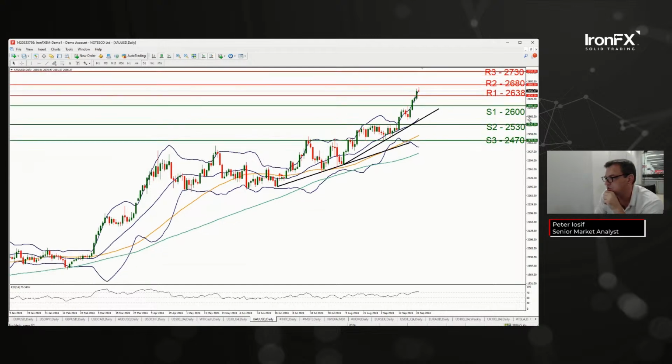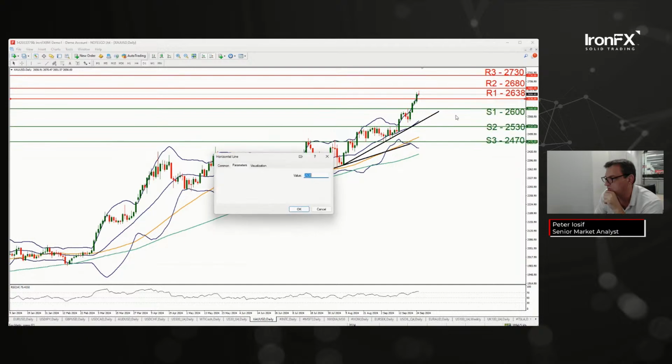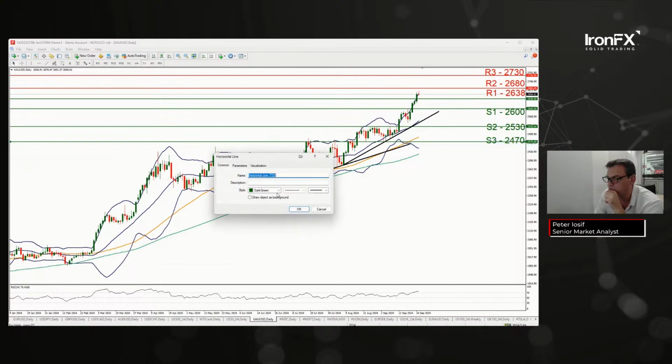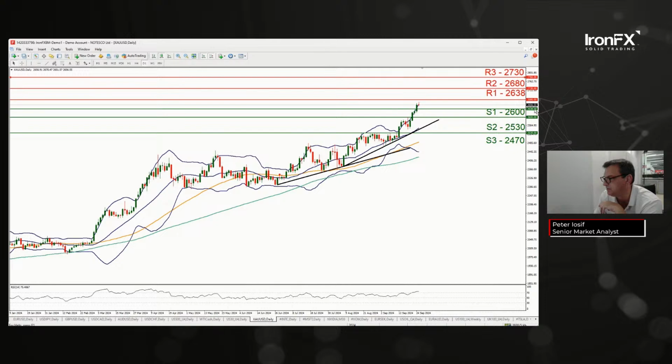And let's reposition the chart somewhat. Setting the next ultimate target for the bulls at 2,780. Let's correct the labels.